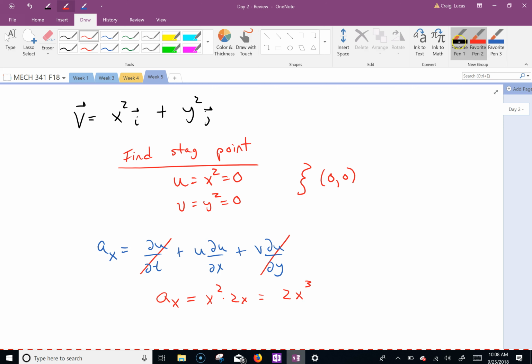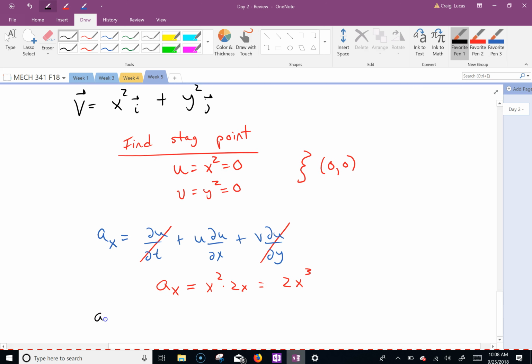Okay, then it wanted to find a y, and that's dv dt plus u dv dx plus v dv dy. And again, what two can cancel? You get there?